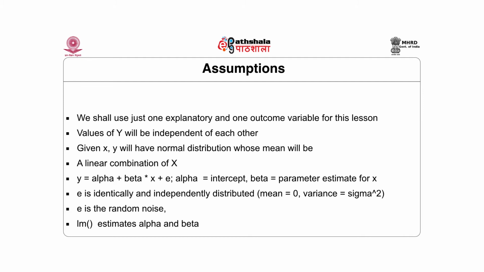If there is a correlation, then there is a problem. If e, which is also referred to as residuals, can be seen to be varying with y, then there is a violation of these principles. And therefore e is often referred to as random noise. And the function lm actually estimates the alpha and the beta parameters.